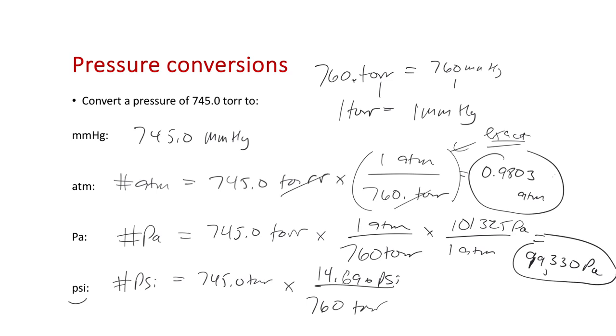So that's 14.41 pounds per square inch. Okay, so just a few conversion factors. And again, I think the key ones are going to be millimeters of mercury. We'll also say torr. We'll use those a lot in units, and also the ATM unit. So those are going to be the primary ones that we see the most in chapter 10.